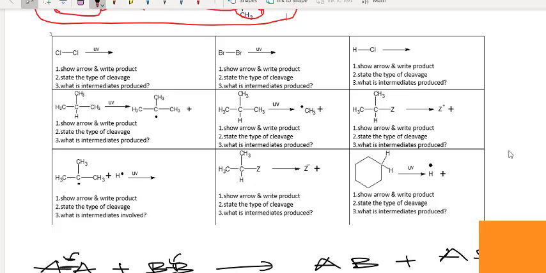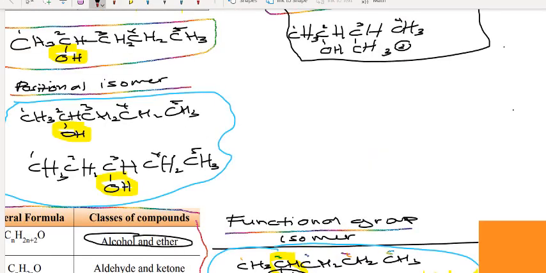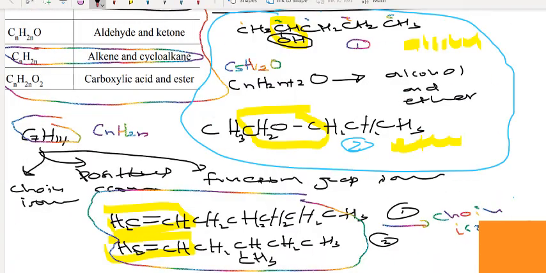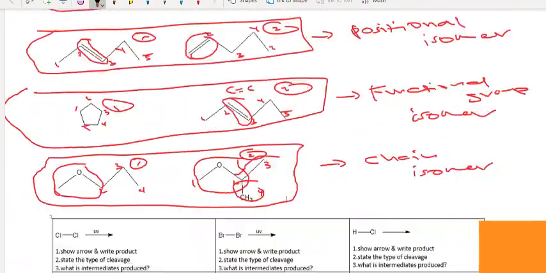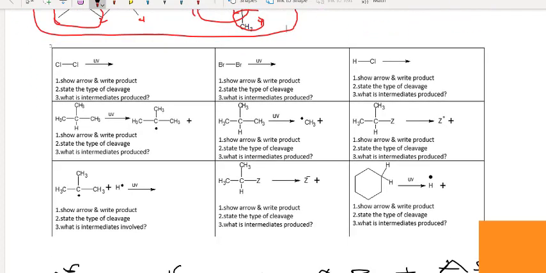The question is quite simple: you only have to show the arrow and draw the product species. These 2 Cl involve UV, so we know it is homolytic cleavage.